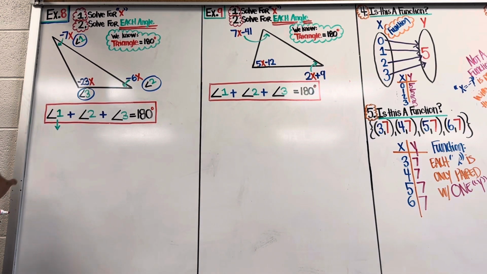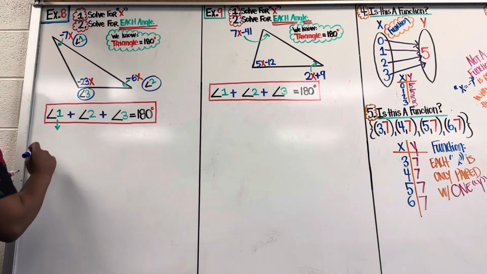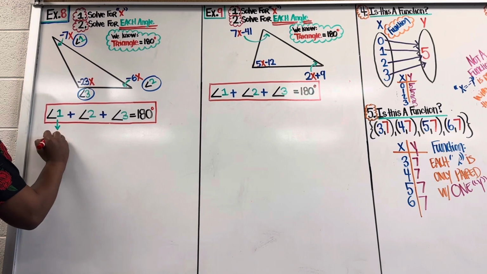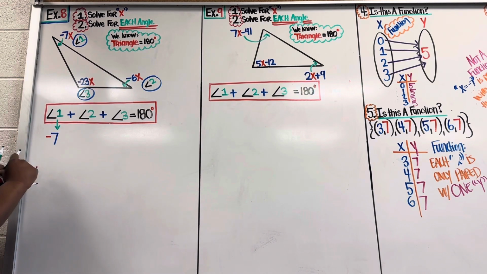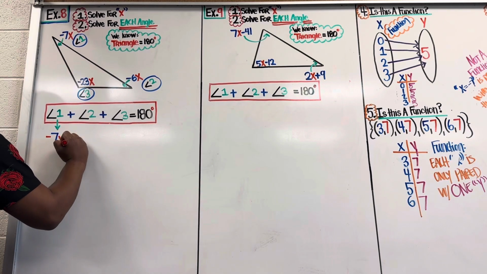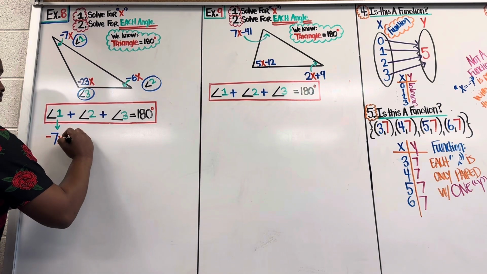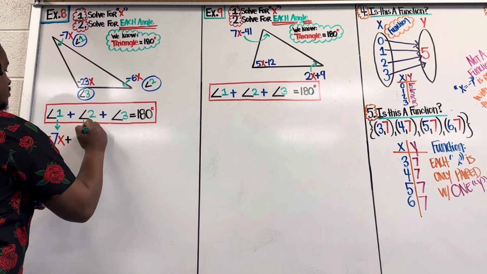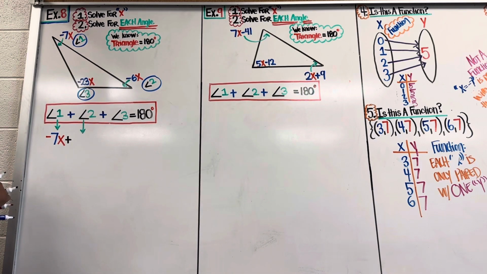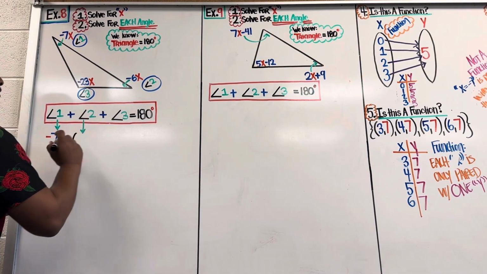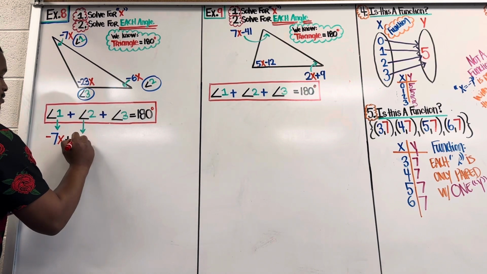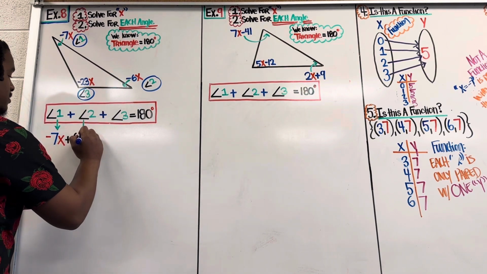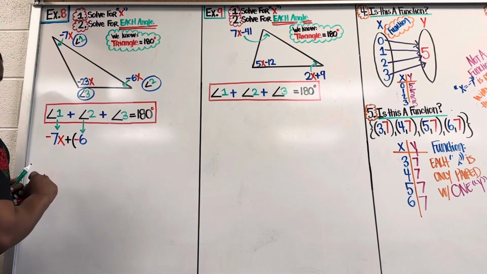So angle 1 is negative 7x, plus the next one, angle 2, which is negative 6x. Because we're adding a negative, we've got to put that in parentheses. So plus a negative 6x.